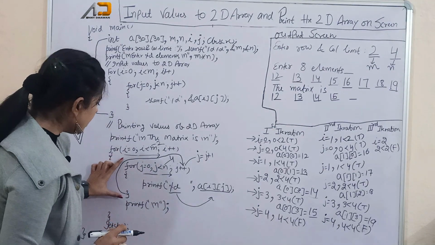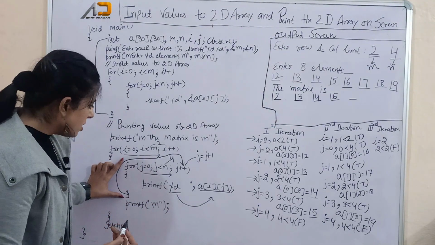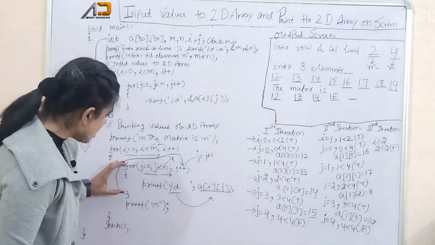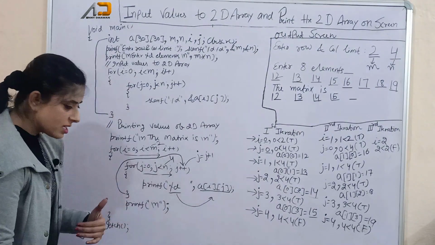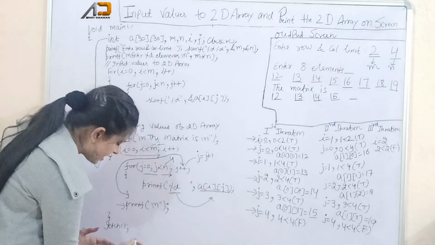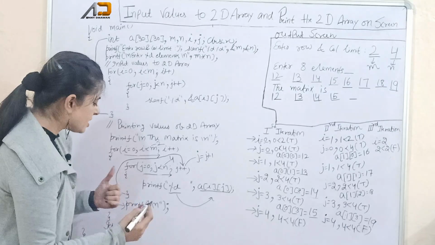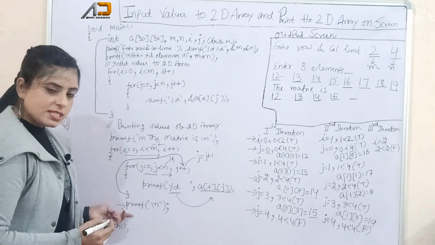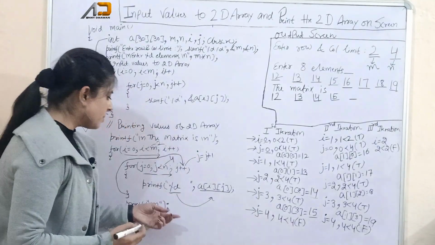And whenever the condition becomes false, the control comes out of the loop and starts executing the next statements in the sequence. And what is the next statement in this case? It is the printf function.